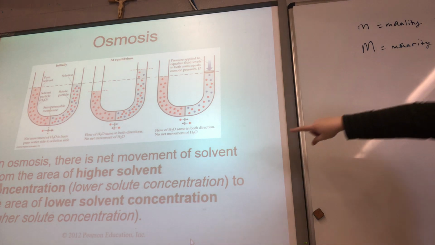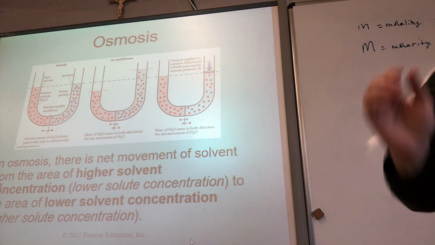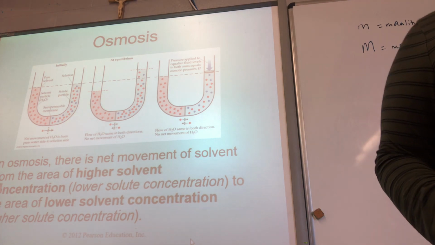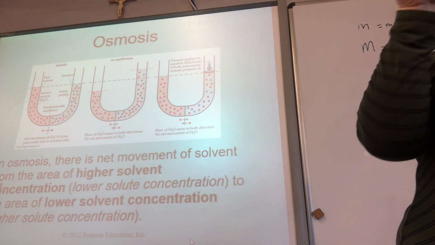So high solvent concentration to low solvent concentration. The movement of solvent particles from high concentration to lower. Not solute, solvent. The difference between osmosis and diffusion, because I guarantee you don't remember that, is that with osmosis we talk about water movement, with diffusion we talk about solute movement.